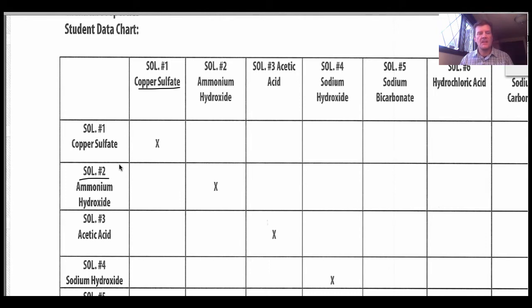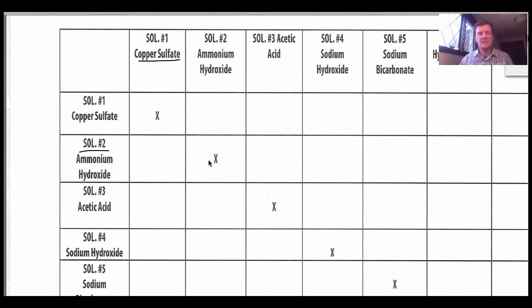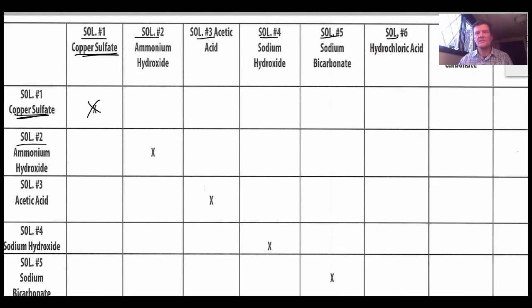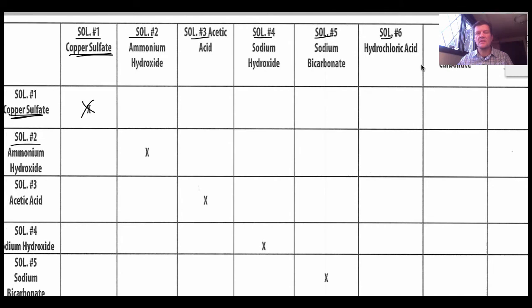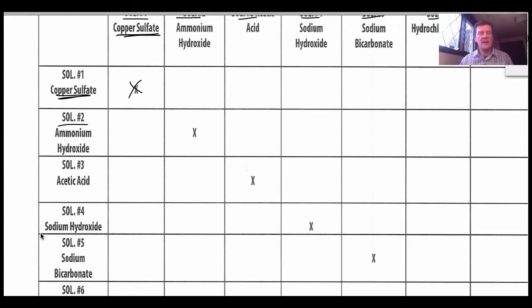Now, you'll notice some of these boxes are crossed out because we're not going to combine copper sulfate with itself. And we have solutions 1 through 7 here, and we list them down in this first column as well, so that we can make sure we're combining every possible arrangement.